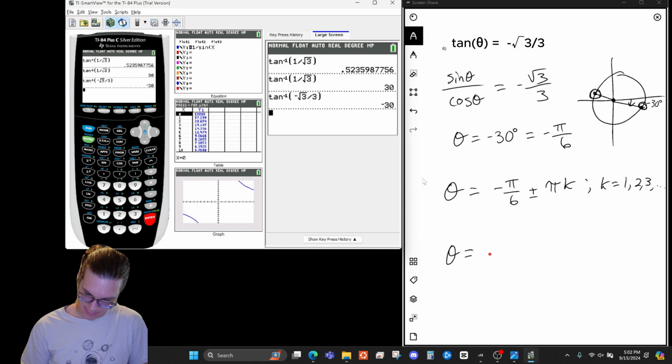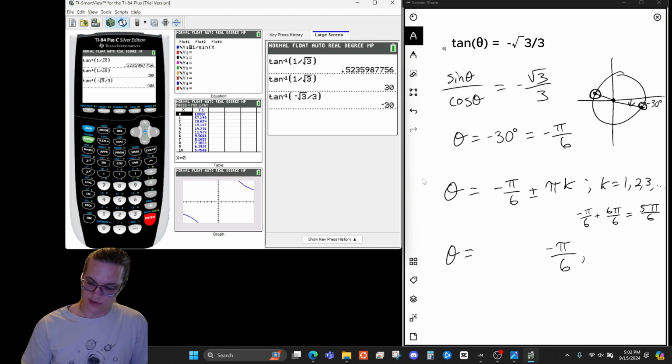So I'll say, okay, one of the solutions I'll write out here is negative pi over 6, and then I'll add an amount pi, which is 6 pi over 6, and negative pi over 6 plus 6 pi over 6 is 5 pi over 6, which just happens to be this point on the unit circle once you've gone in the positive direction from 0.